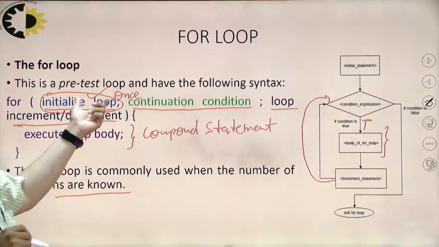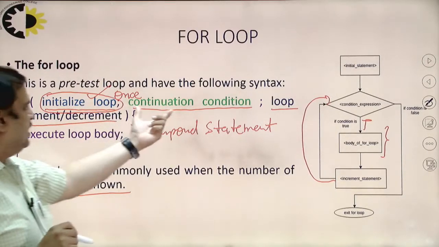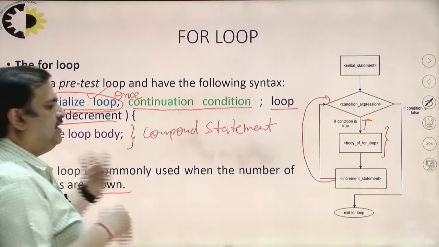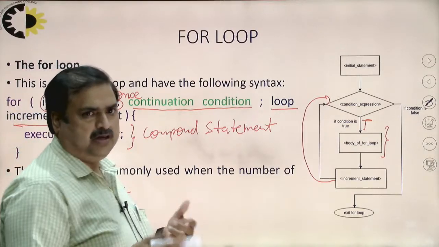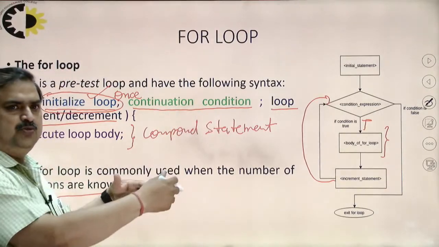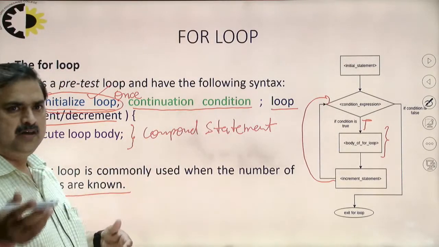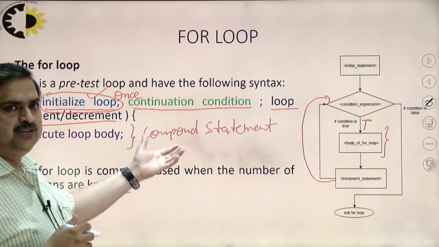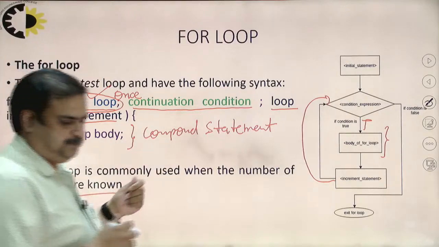It will not be executed again. The continuation condition and increment or decrement will be executed in each iteration. We will do such work in the coming slide and try to understand how this for works.